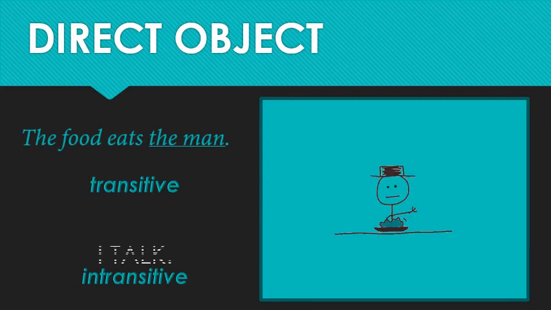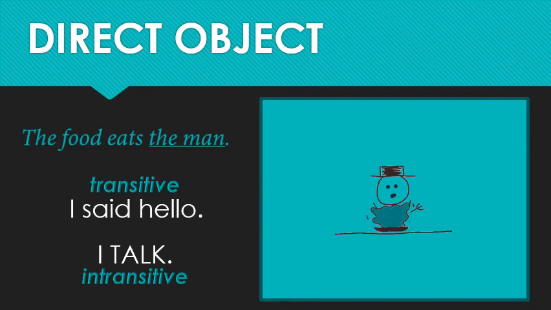Many other verbs, however, are less easygoing. For example, talk is intransitive. You can say I talk, but not I talk something or I talk hello. Sure, some language learners do that, but I hope that you know better by now. Instead, you're supposed to say I say something or I say hello, because say is a transitive verb.